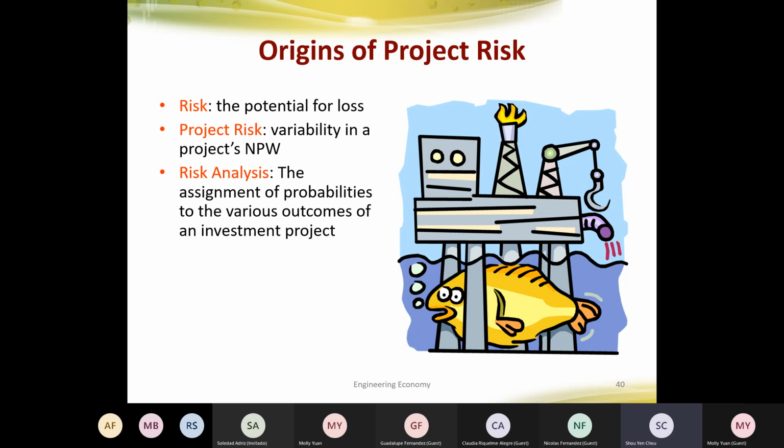So what we may do is compute an expected net present worth, and we also want to look at the variation of it. If it's too big, then it could mean that it's quite dangerous, and then we won't do it. But if it's not, then we may still try. Okay, next.